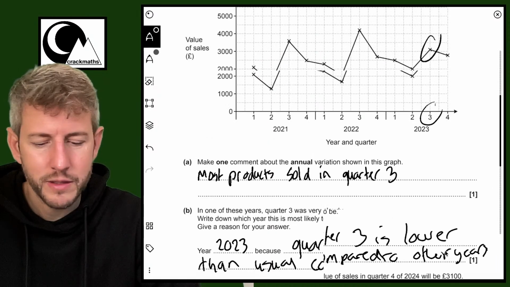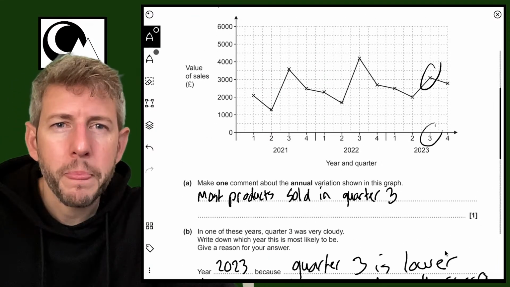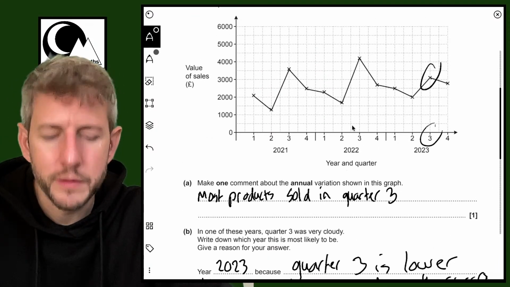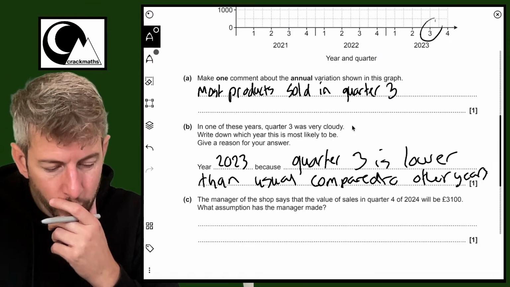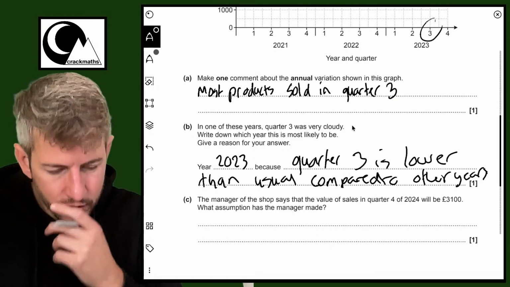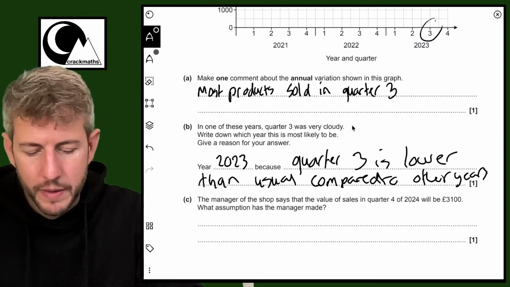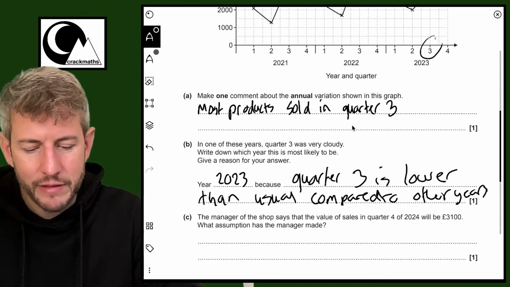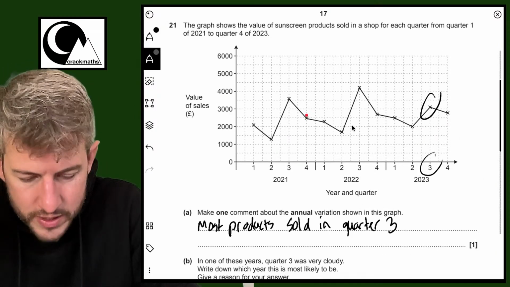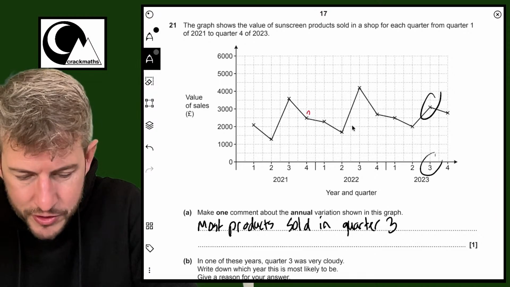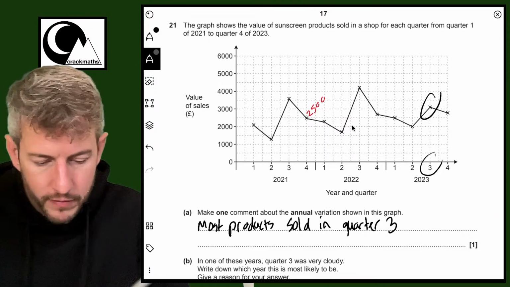Let's have a look. One second, I need to look at that again. He said that quarter 4 in 2024 will be £3,100. Okay, so let's look at all the quarter 4s. Quarter 4 here is at 2,500.